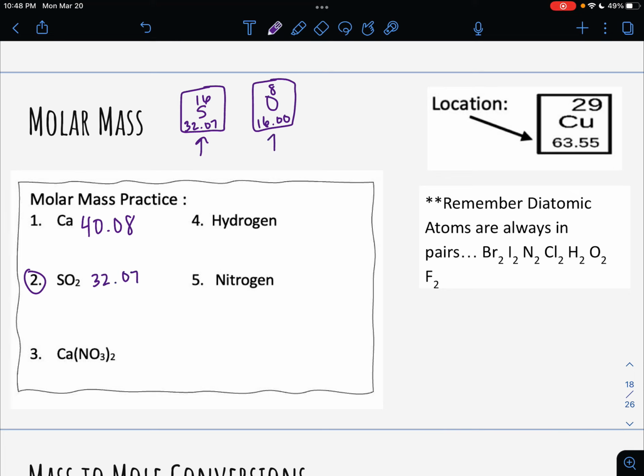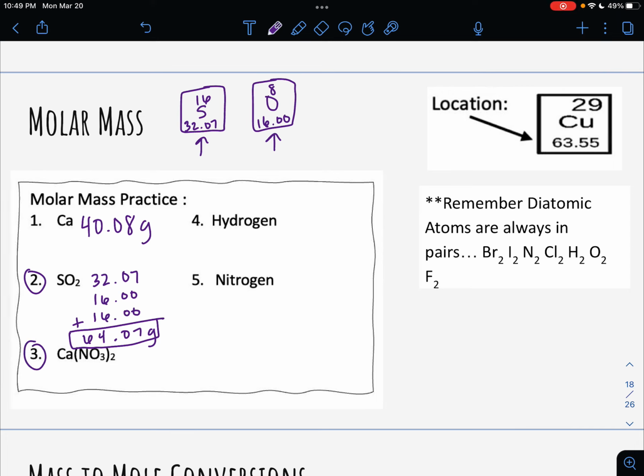And if I have 2 oxygens, that means I have a 16 and another 16. So all I'm going to do is just add those up. And we get 64.07. And this is just measured in grams.